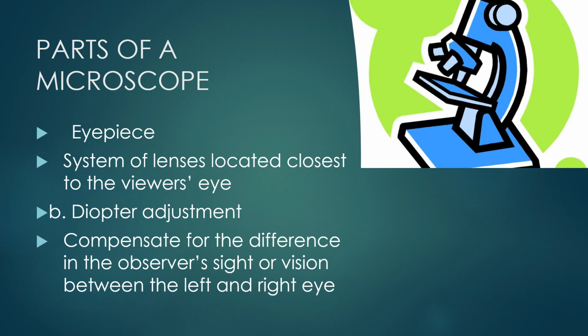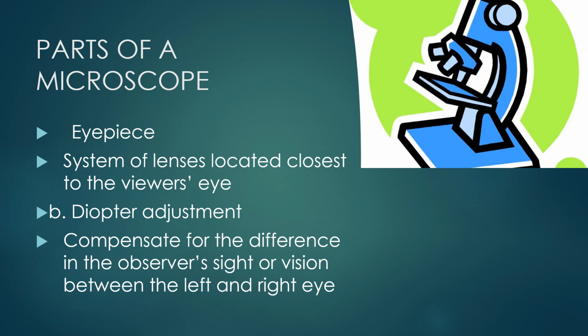Okay, and so in your eyepiece, you also have your diopter adjustment. The use of this one is to compensate for the difference in the observer's sight or vision between the left and the right eye. That is why accordingly you can remove your glasses to view an object under the microscope.